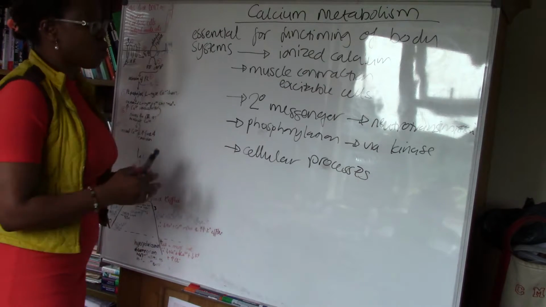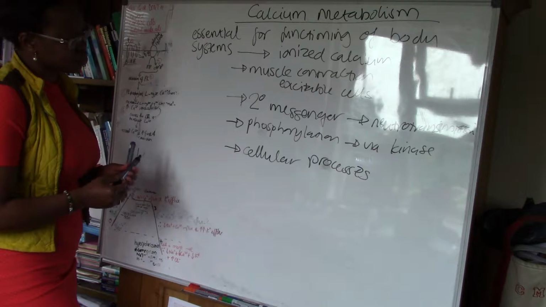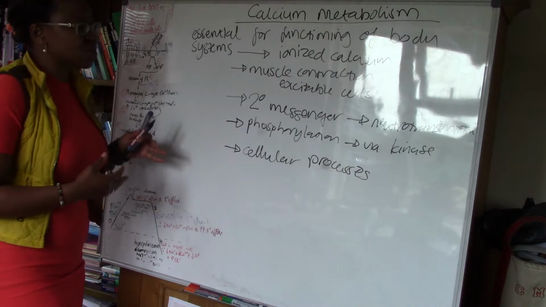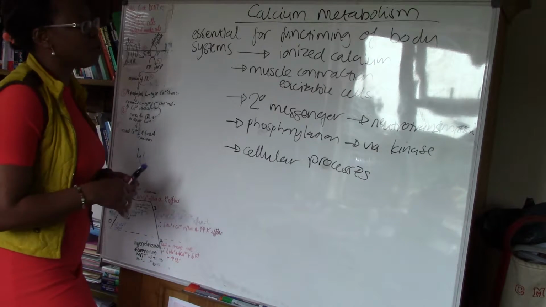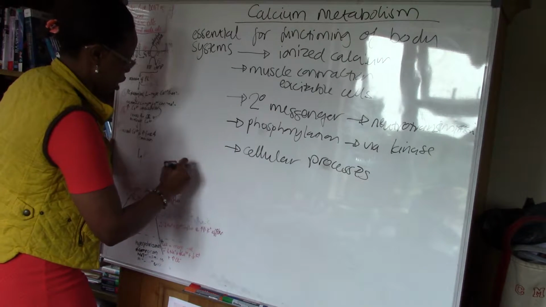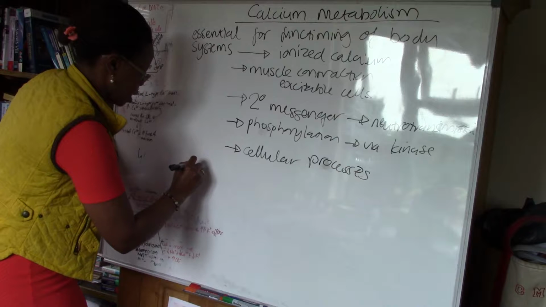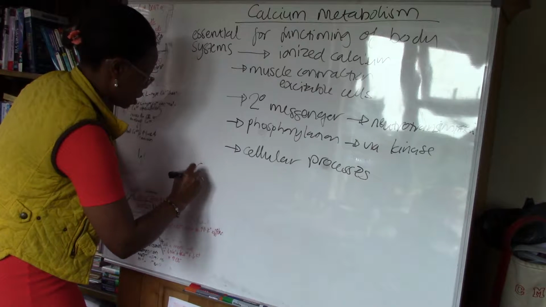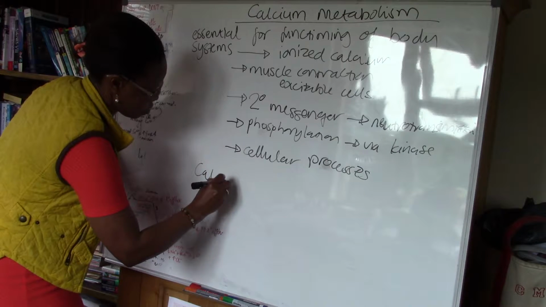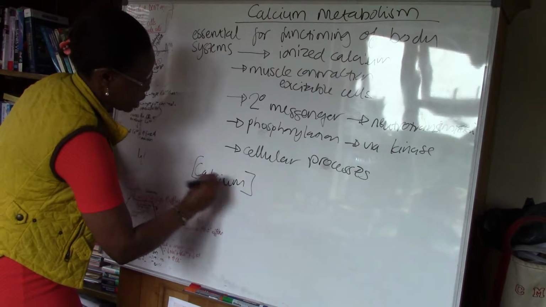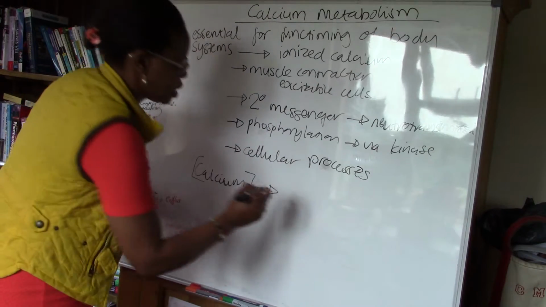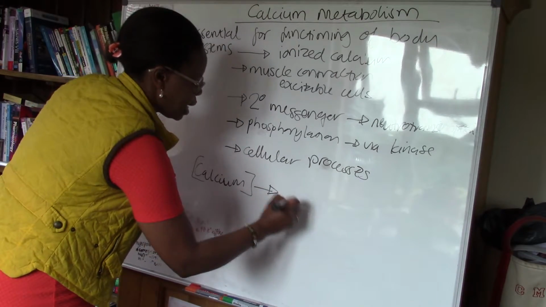And therefore, because of its usefulness for virtually almost all biological processes in our body, calcium homeostasis is one of the most essential processes that occur in the body. So calcium concentration is kept at a normal homeostatic level.